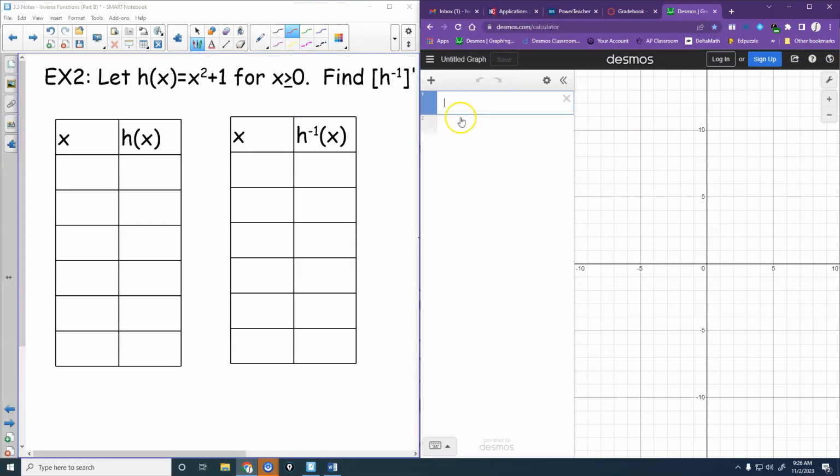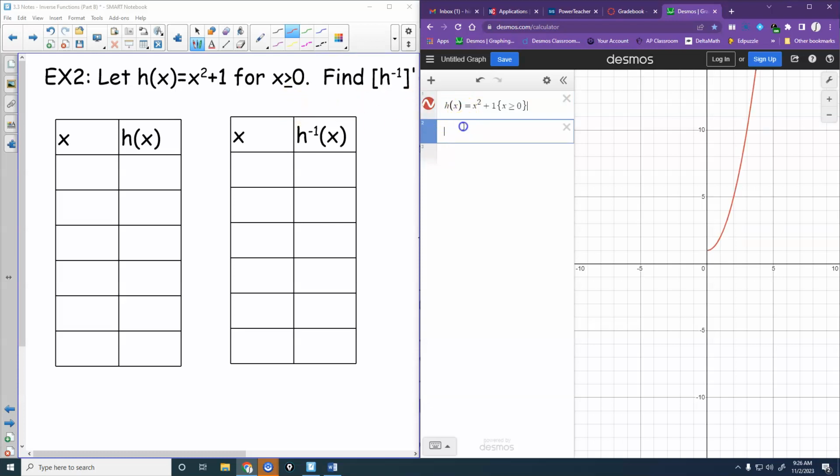All right. So if I've got h of x equals x to the second plus 1. There's this graph, right? But we are going to restrict this to x is greater than or equal to 0. So we only want to look at this part of it.